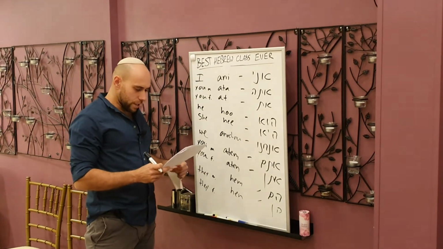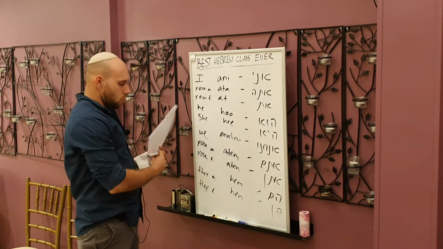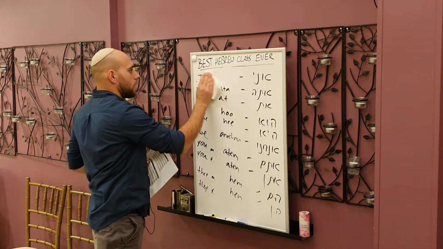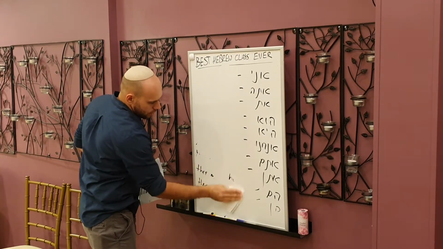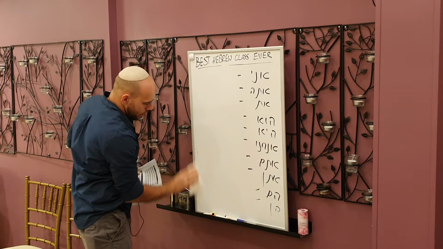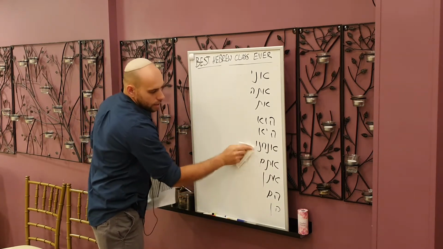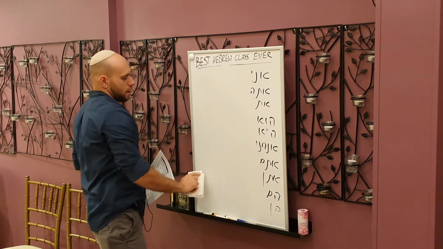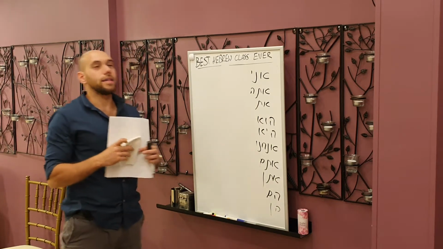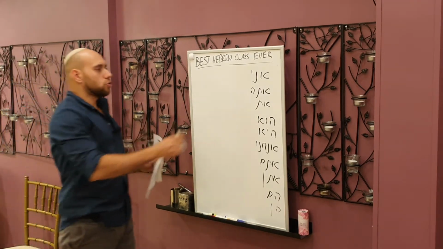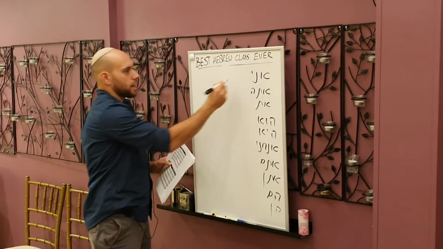But really, that is a set of endings that repeat themselves over and over and over again in Hebrew, and that's what I want to show you right now. These are endings that you can put on any preposition or noun in order to embed this pronoun in that word.